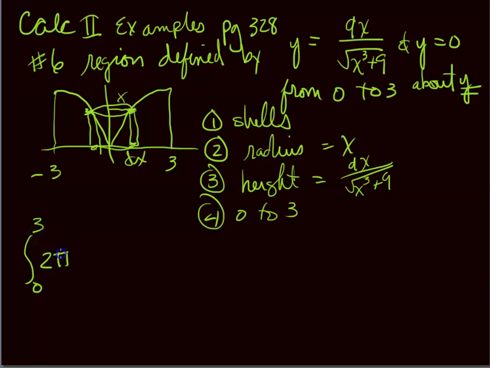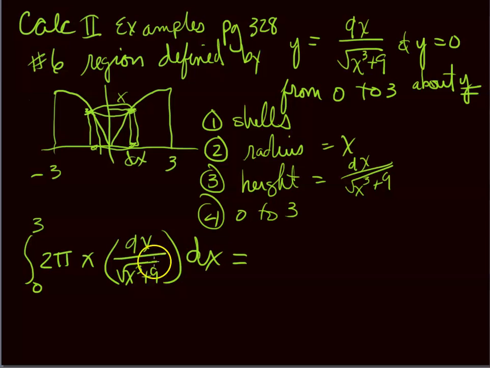So it's 2 pi r, r is x. H is this crazy 9x over the square root of x cubed plus 9 dx. And you've got to know that they gave you something that was not horrible to integrate. When you see that, remember what to do.